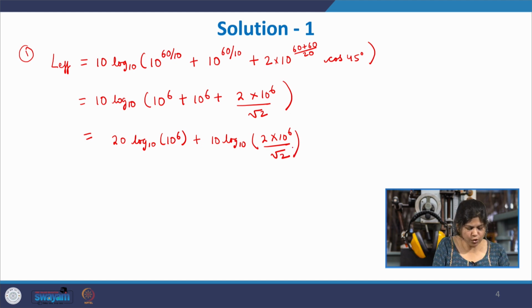once you solve it, this is what you should be getting here: twice of 10 to the power 6. So, 2 times of this would not be 20 over here, but multiplied by 2.